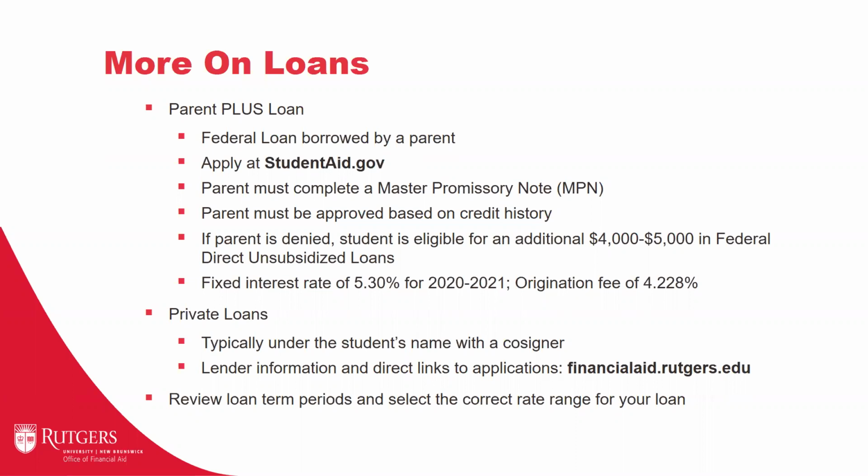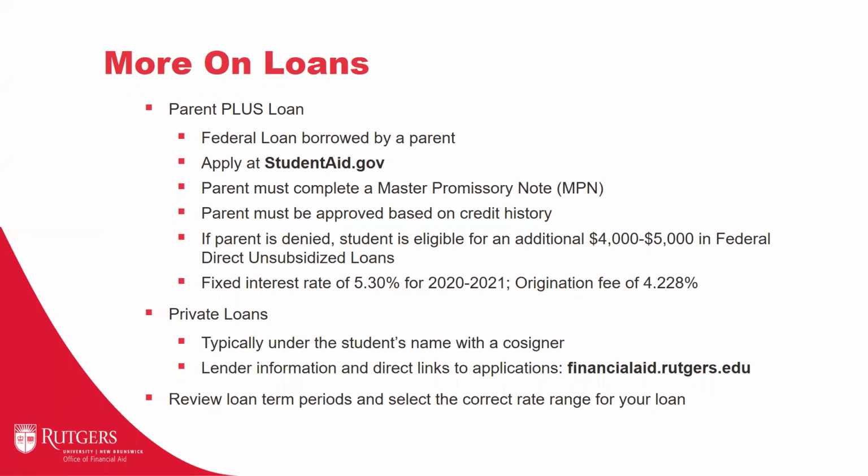This is because private loans have different term periods. You may have a fall only period, and they have different date ranges for it. So you will have September to December, which will be fall only. Then you will have January through May, which is spring only. Then you will have the entire academic year, from September through May of 2022, which will be considered an academic year loan.